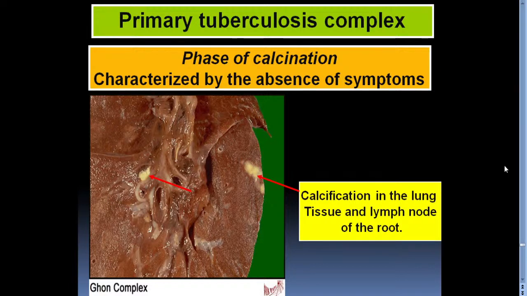And on the macro preparation you can see calcification in the lung, and calcification of lymph nodes in the lung root. Caseous necrosis in the lung and caseous necrosis in the lymph node of the root.